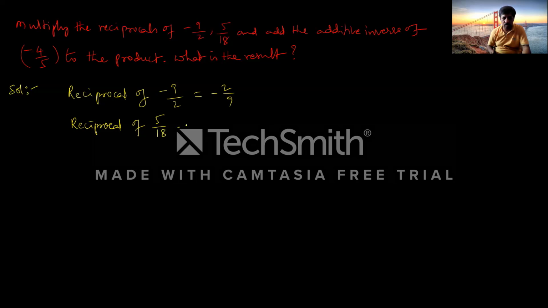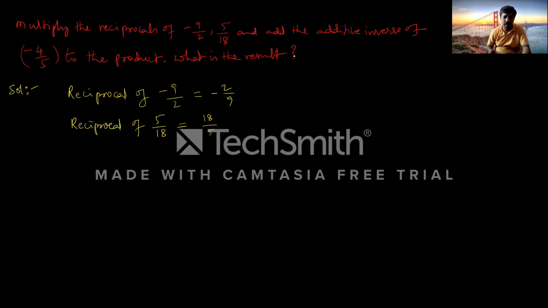So if you do the product of given number and its reciprocal, we should get 1. So minus 9 by 2 into minus 2 by 9, we will get 1. Minus into minus plus. That's why in reciprocal only the numerator and denominators change. There is no change of sign. So reciprocal of 5 by 18 is 18 by 5.